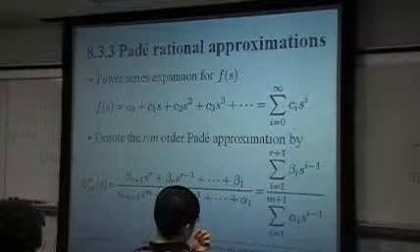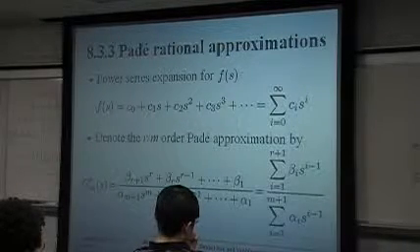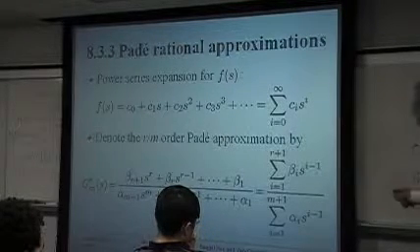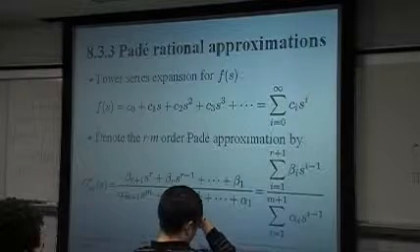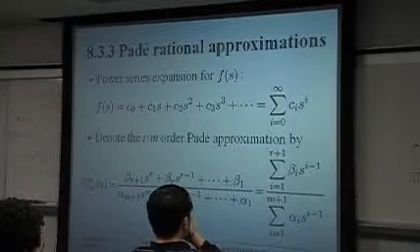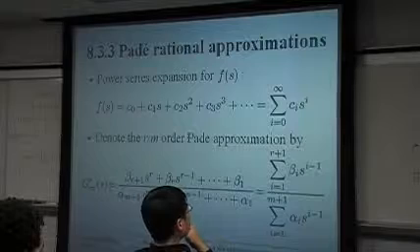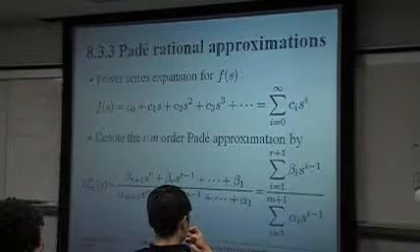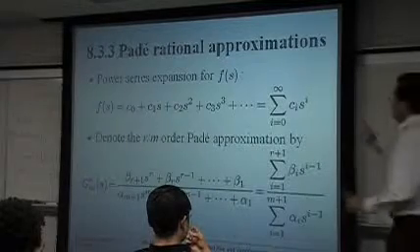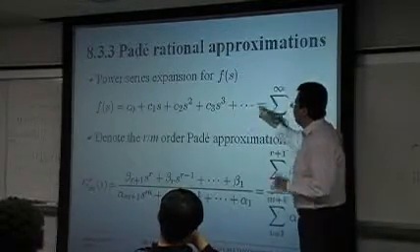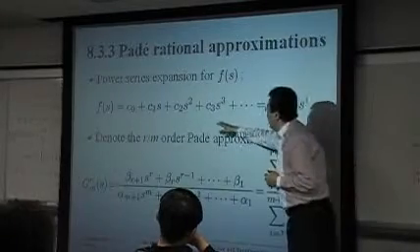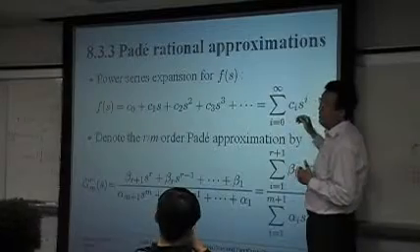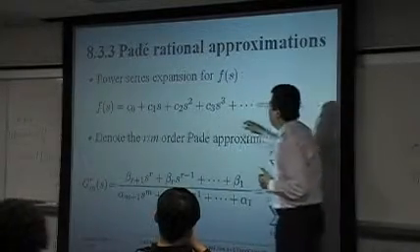Padé approximation was introduced by a French mathematician about a century ago, I think. And the aim of Padé approximation is to use a rational function to approximate the original given function. The Padé approximation can be obtained like this. Suppose the original function can be expressed like this, which is a polynomial expression, a Taylor series, Maclaurin series like this.